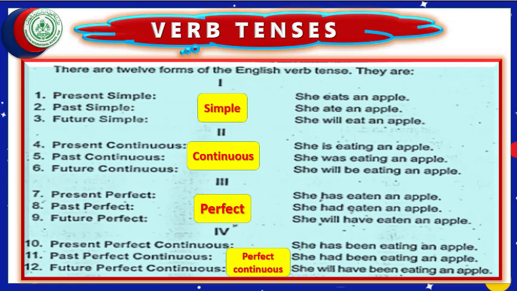Times are three: present, past, future. Aspects are four: simple, continuous, perfect, perfect continuous. In this way, we find 12 tenses.